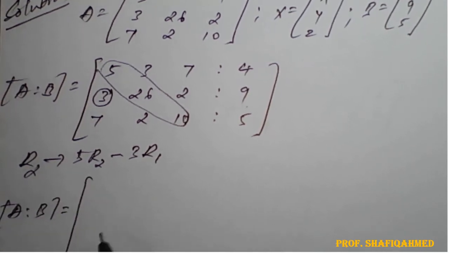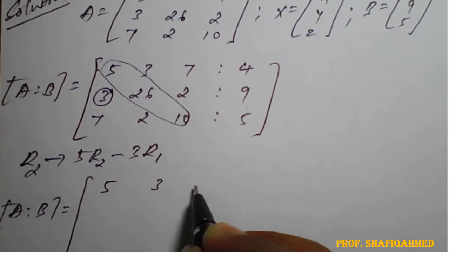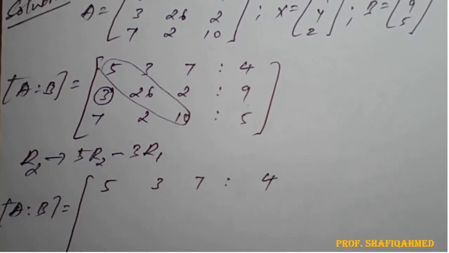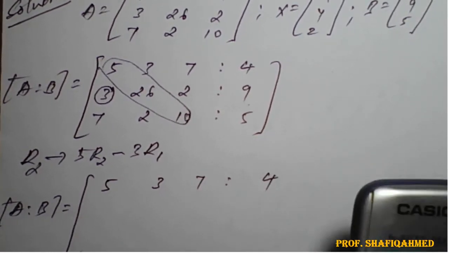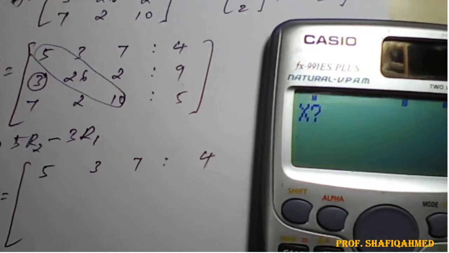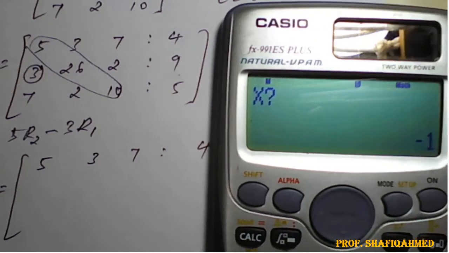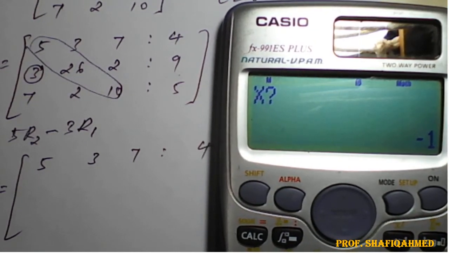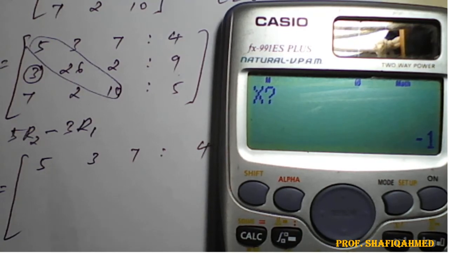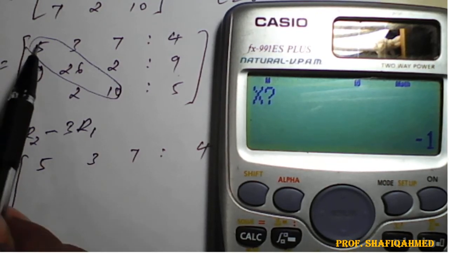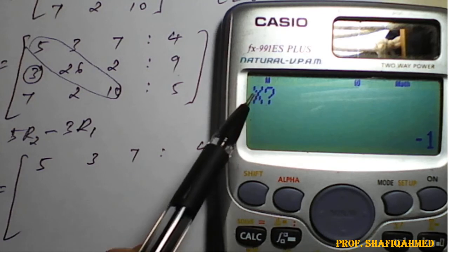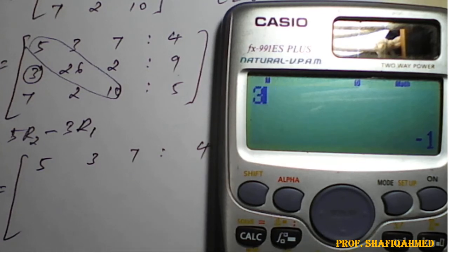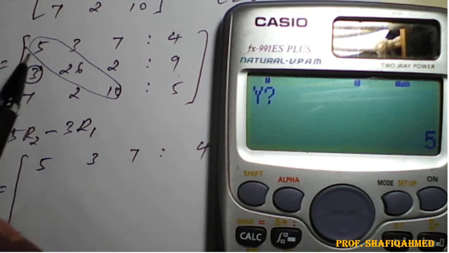So the formula is ready. First row as it is: 5, 3, 7 equal to 4. Second row we need to write the elements. Be careful. So x value is 3, y value is 5. X value is 3, y value is how much here? 5.